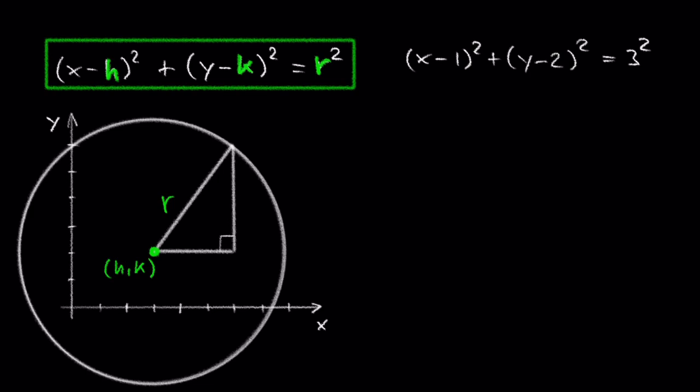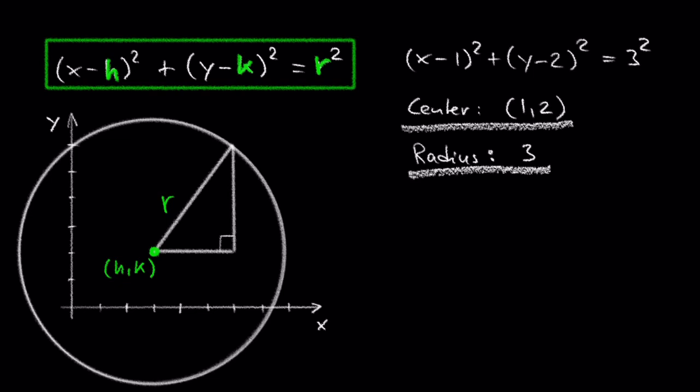So the center of this circle has the coordinates 1, 2. Also, we know that when we have the standard equation form of a circle, r represents the radius of the circle. So the radius of a circle with the standard equation (x minus 1) squared plus (y minus 2) squared equals 3 squared is 3. And we are done with this problem.